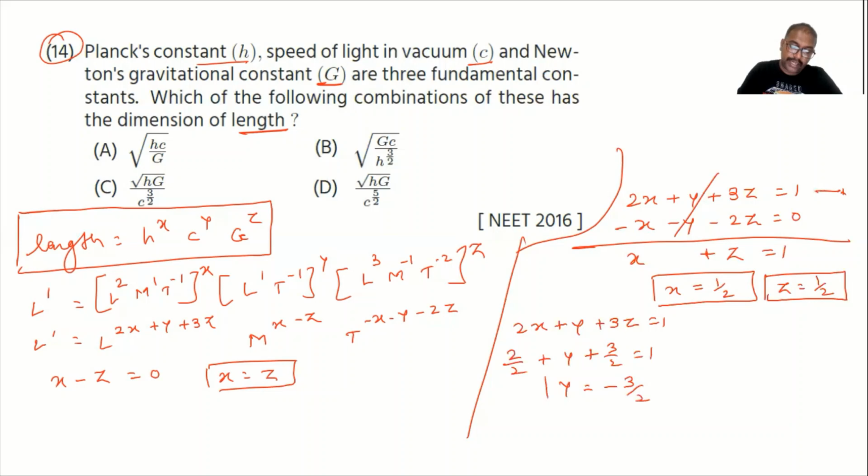So we get X, Y, and Z. Then we substitute in this formula. So we get an option here.